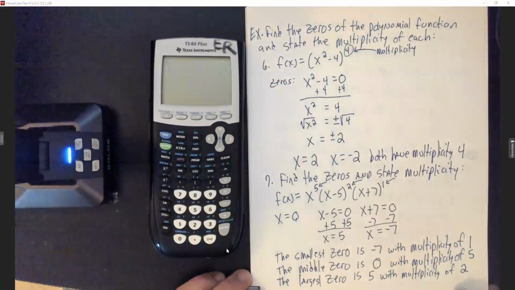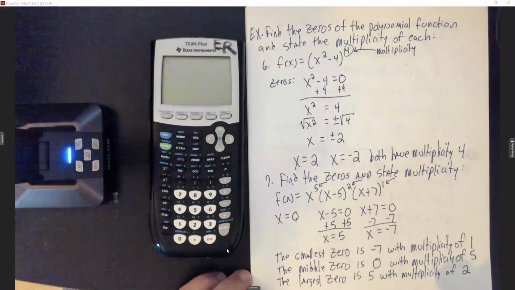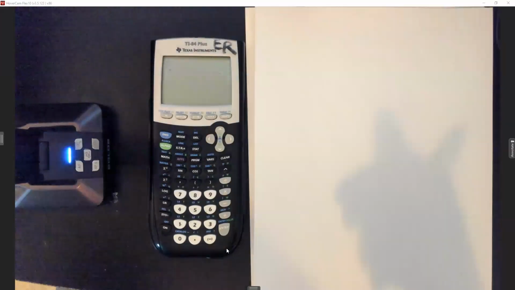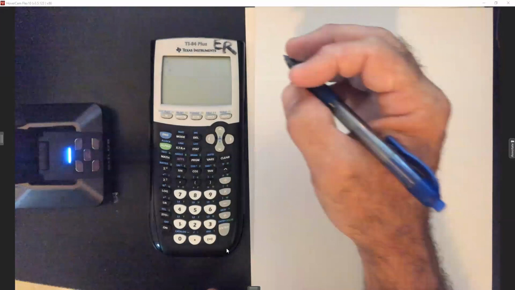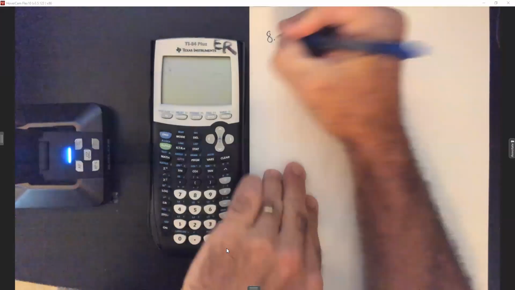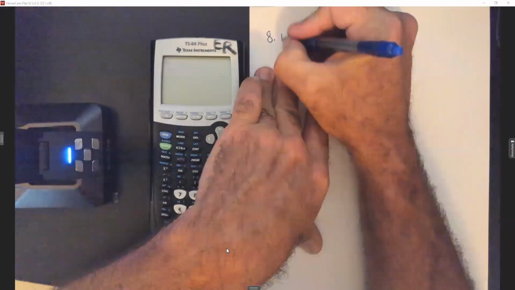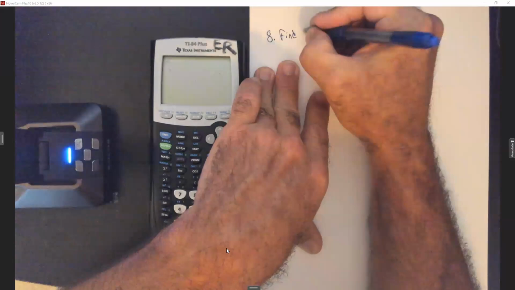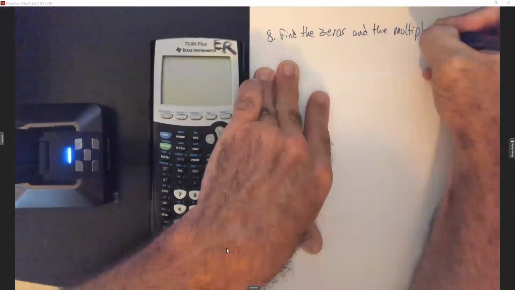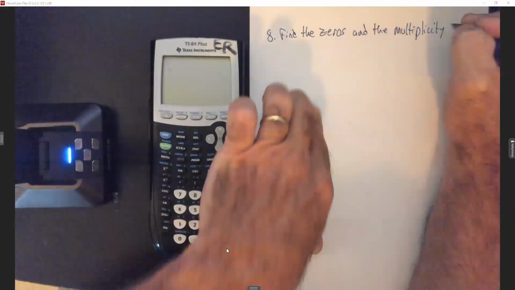All right, so I'm going to do another one really similar to this one. All right, so I'm going to move over now. So this one is like number 8. Find the zeros and the multiplicity of each.